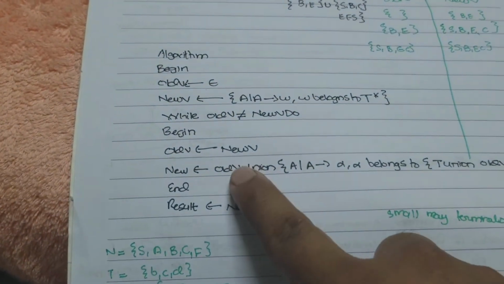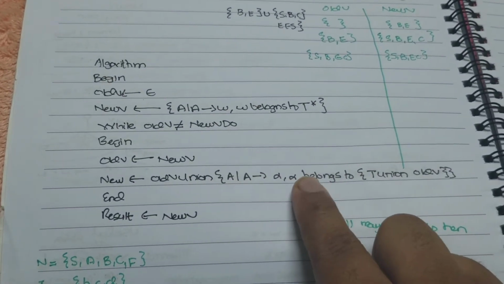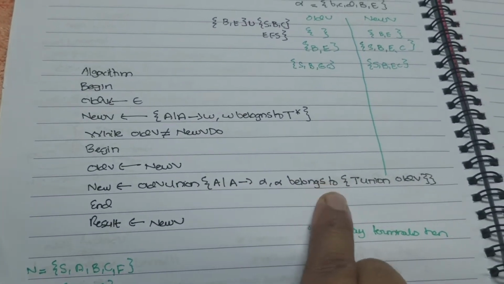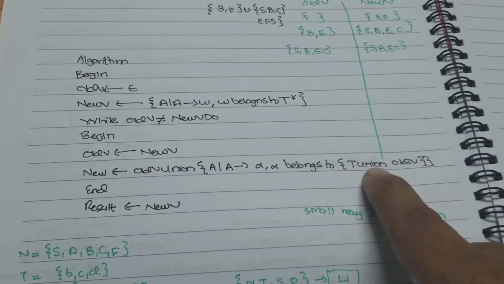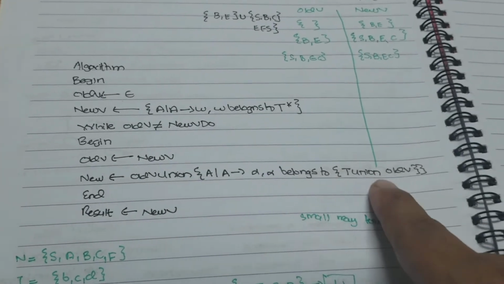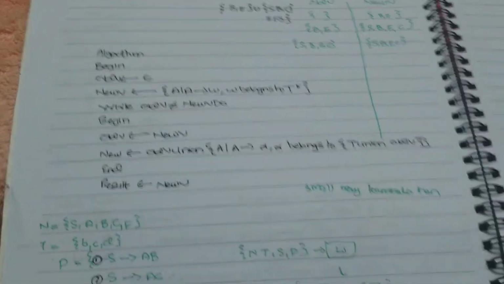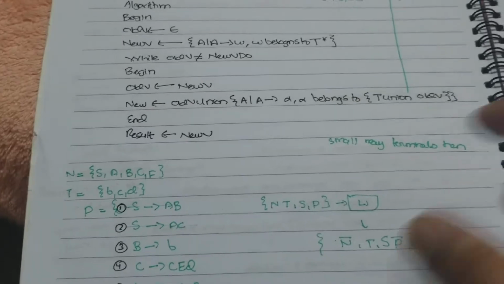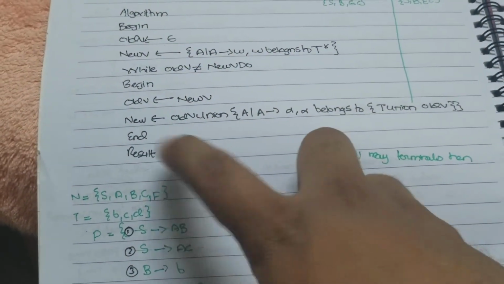Your old V union A, where A belongs to alpha, and alpha belongs to a set of old V, union T union old V. That set might have terminals and old V. It's not an issue. Okay, and the loop ends, and the new V is saved into the result.